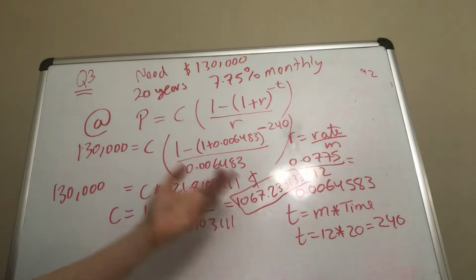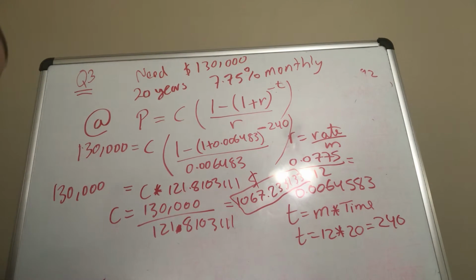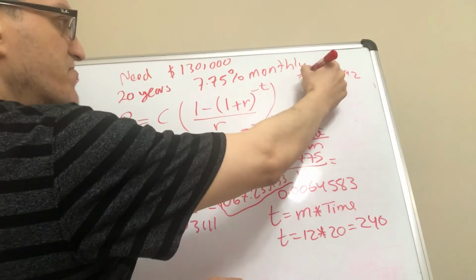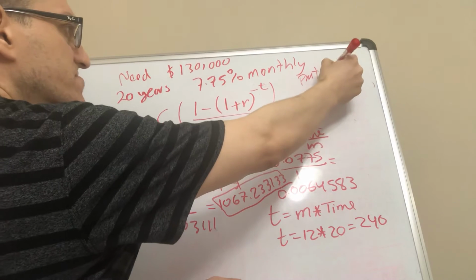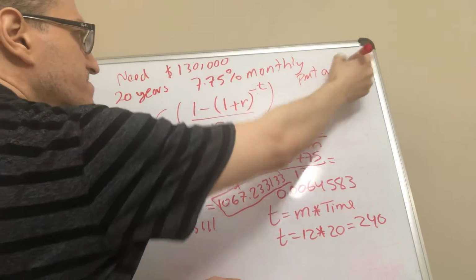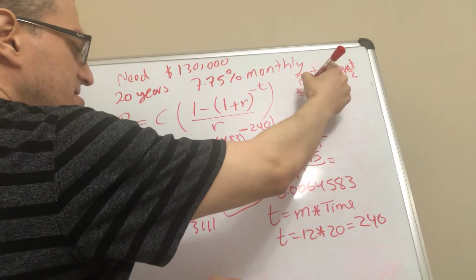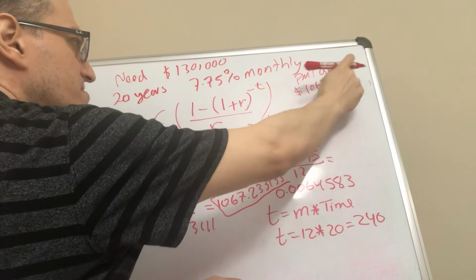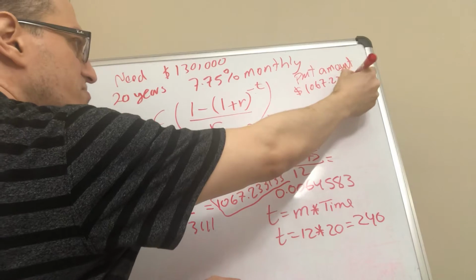And put the answer in a sentence or statement. So this is the payment amount. I'll add it here. So the payment amount that they need to make monthly is $1,067.233133.